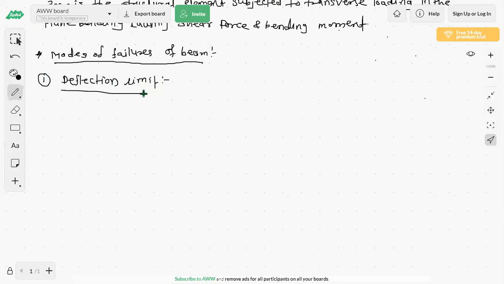The deflection limit is, as I have shown in the earlier figure, suppose a beam is there, then due to this load the beam will deflect like this, and that amount of deflection we denote as delta. So that delta is the deflection. Are you getting it? Here this delta is the deflection.